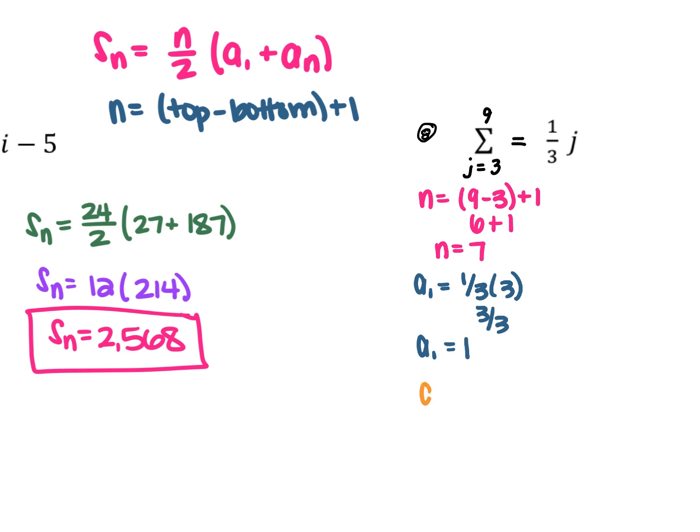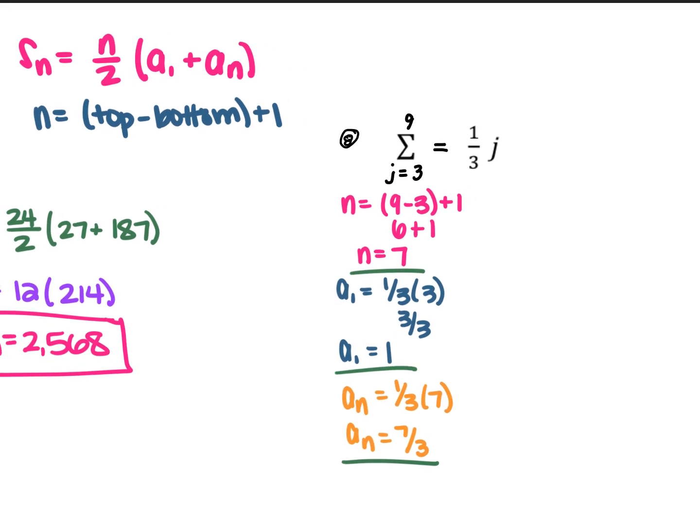Next, you're finding a sub n. So take the 7, plug it in. That's 1/3 times 7, which means a sub n is equal to 7/3. Use your n, a sub 1, and a sub n. Plug them into s sub n is equal to n over 2 times a sub 1 plus a sub n.